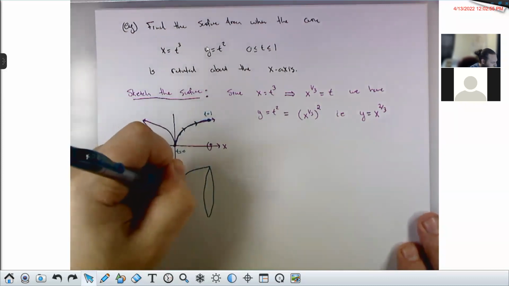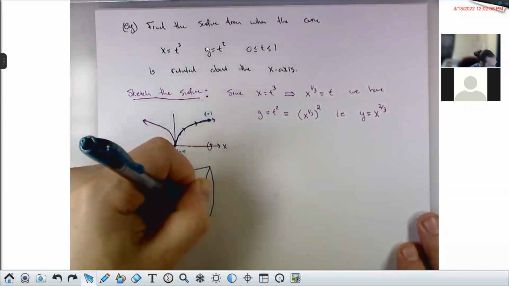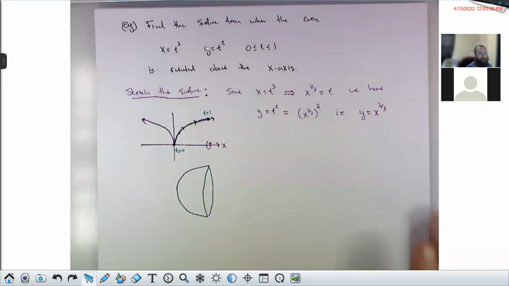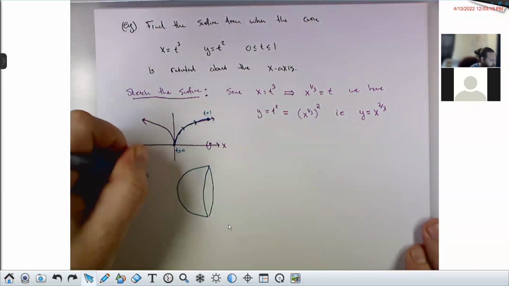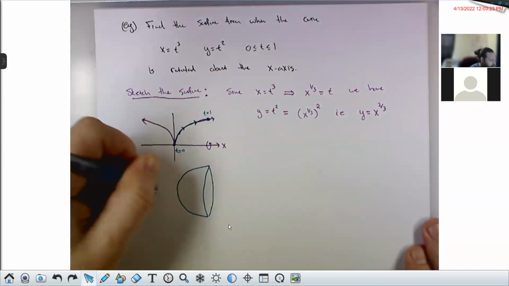It's a bowl, like that. So what I'm trying to find is the surface area for this bowl. I'm trying to say solid, the surface looks like this.